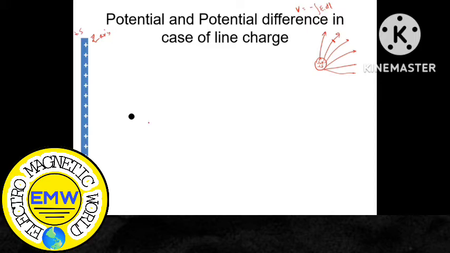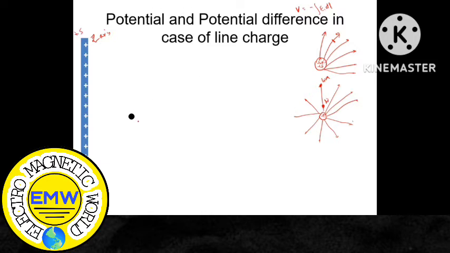As you know, if we have a positive charge, it creates electrical field lines that diverge from it. At this position the intensity of the electrical field is higher, at this position it is lower. The intensity is lower at higher distances and higher at lower distances.